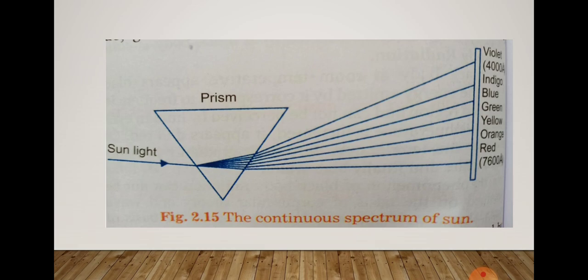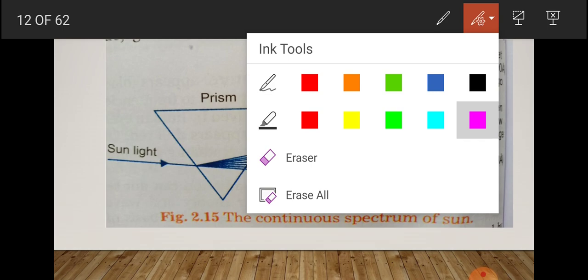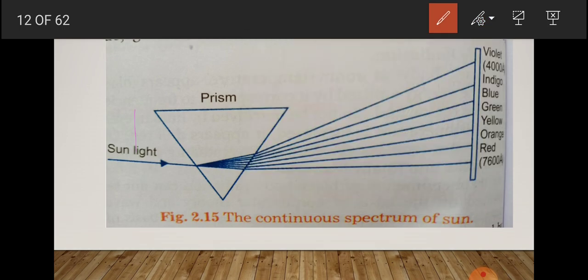The continuous spectrum of the sun is given in your book. Now see, sunlight is passing through a small slit to a prism. Now see what is happening.